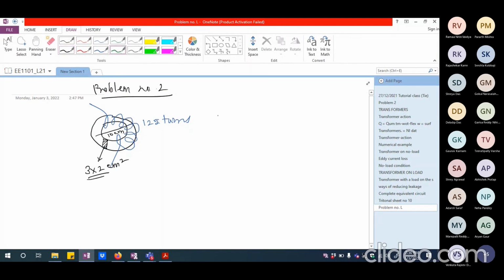So I should say, first of all, the length of the magnetic circuit l will be pi d, right? Because the circumference of that ring is the mean length of the magnetic field line. So I should be able to write this as 22 by 7 multiplied by 10 multiplied by 10 power minus 2 meters.